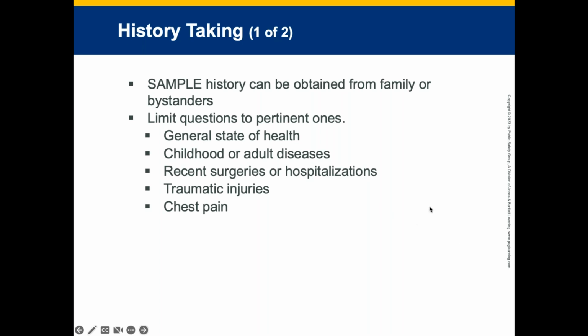Be sure to ask the following questions about the patient in respiratory distress. What is the patient's general state of health? Has the patient had any childhood or adult diseases? Have there been any recent surgeries or hospitalizations? Have there been any traumatic injuries?